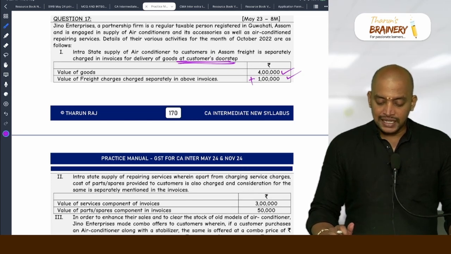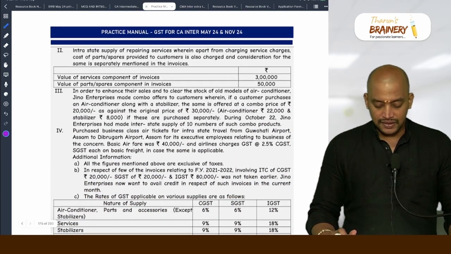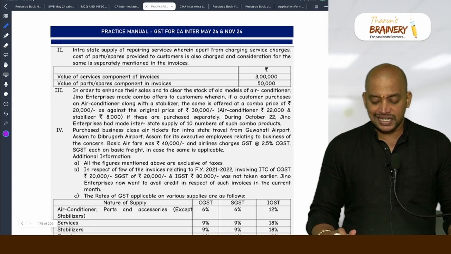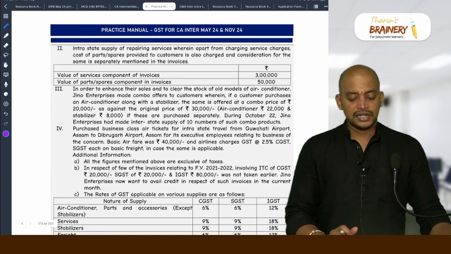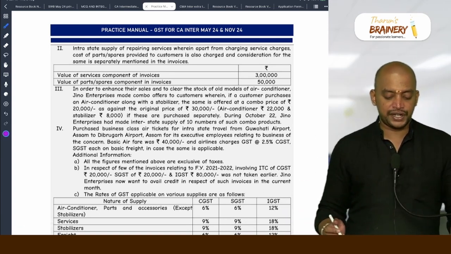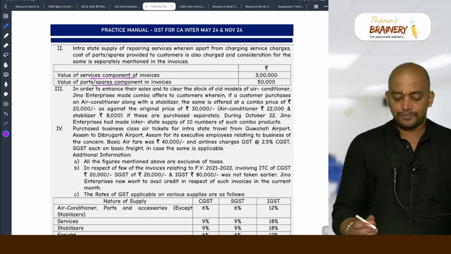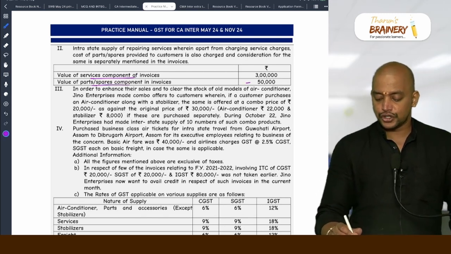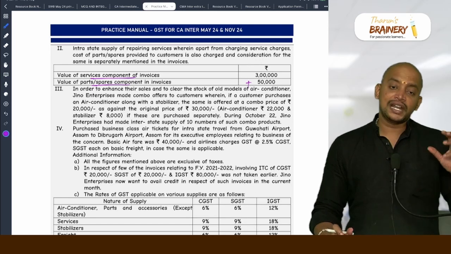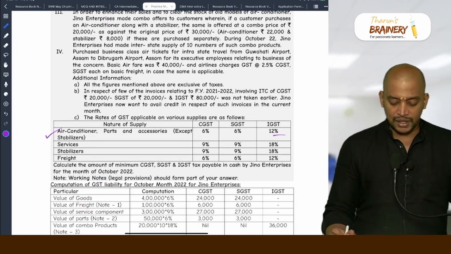Then, intrastate supply of repairing services, wherein apart from charging service charges, cost of parts or spares provided to customers is also charged and consideration for the same is separately mentioned in invoice. So in that repair, value of services, value of parts, this also should be included. Okay, but mainly they gave the rates. Air conditioner 12%, freight 12%.